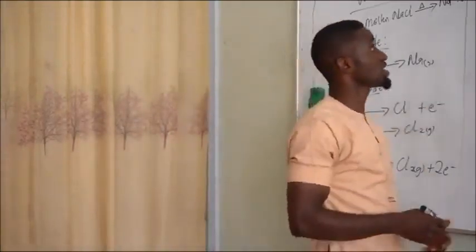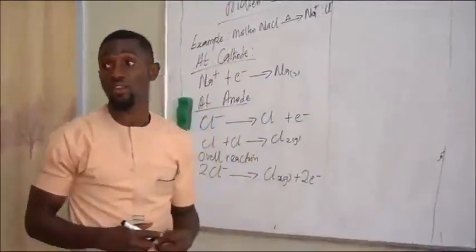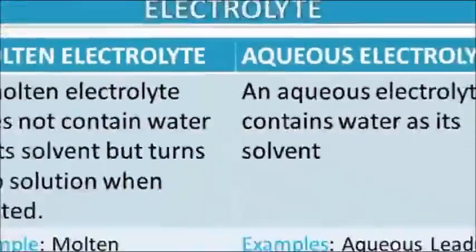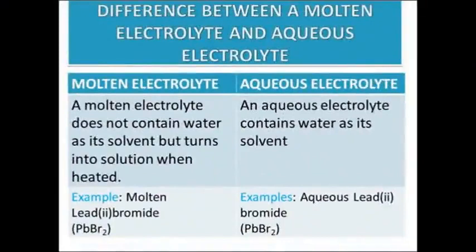Now let's go over to the case of aqueous electrolyte. Now when we have aqueous sodium chloride, in this type of electrolyte, it contains water as its solvent.